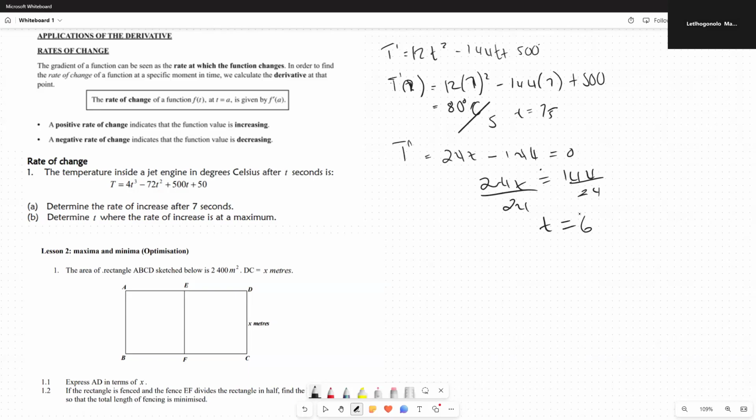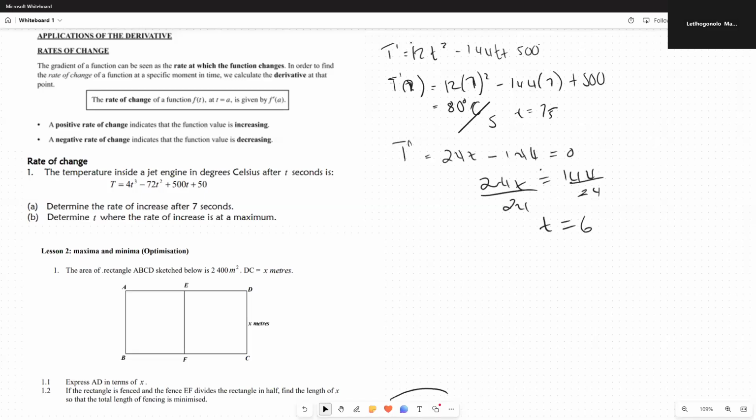We can also use our derivative to optimize or to minimize. Let's take a look at this question here. It says that the area of a rectangle ABCD sketched below is 2,400 meters squared, and they tell us that DC is x meters. It then says we need to determine AD in terms of x.